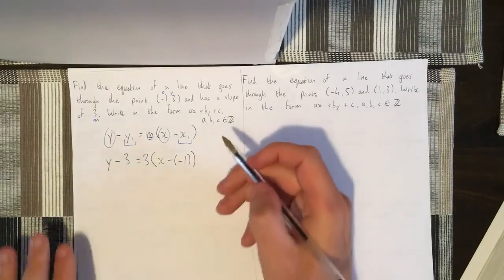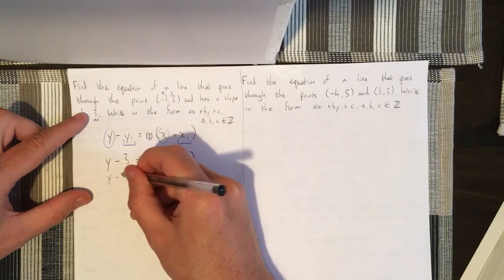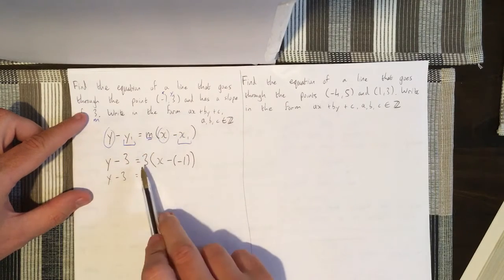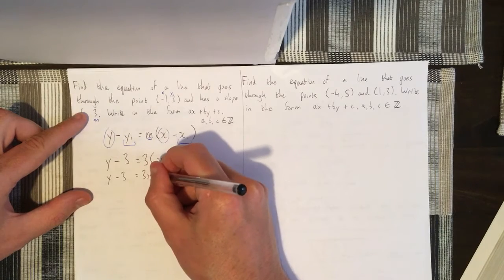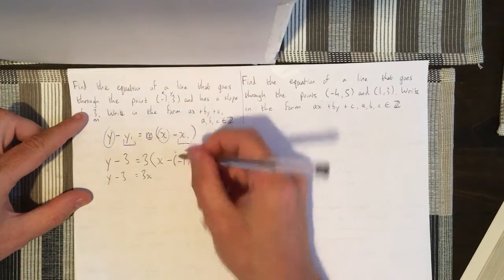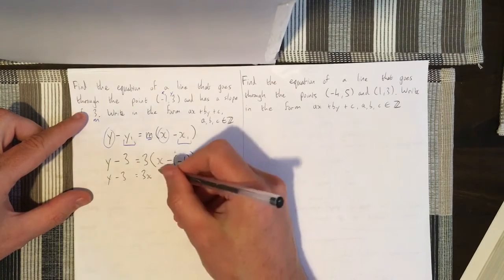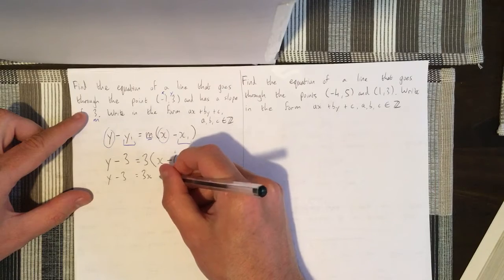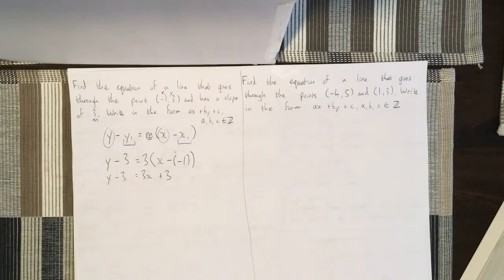Okay, now I'm going to multiply this out, I'm going to tidy this up, so I've got y minus 3, so I've got 3 times x, which is 3x, minus minus 1, two minuses together is a plus, so I've got 3 multiplied by plus 1, so 3 by 1 is just 3. Okay, so that's it multiplied out.